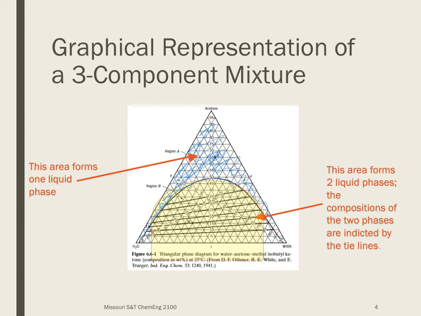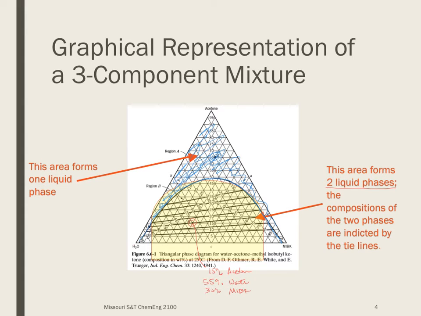This part down here, underneath this dome, is going to be two liquid phases. The two liquid phases are going to be in equilibrium, but they're going to have different compositions. So for this point M, if I gave a mixture with point M, which has, again, let's practice, 15% acetone, 55% water, and the balance 30% MIBK.